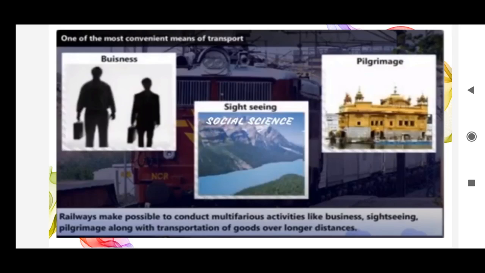Railways make it possible for people to conduct multifarious activities like business, sightseeing and pilgrimage, along with the transportation of goods over long distances. It means it enhances tourism. If you want to visit Araku Valley, you can go by a glass train. So it enhances sightseeing and pilgrimages also. People very often go to Tirupati and Shirdi. So it also helps people to travel longer distances.